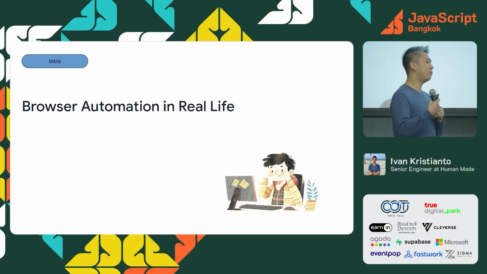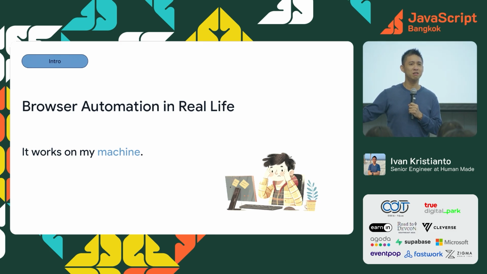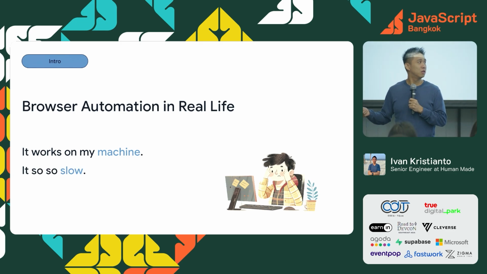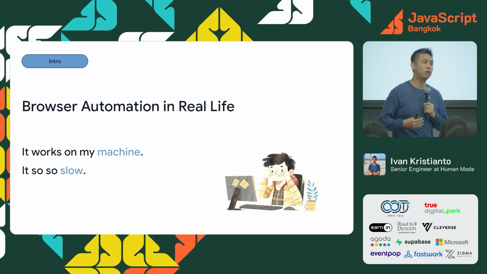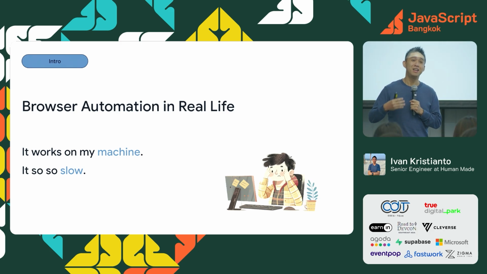Speaking about browser automation in real life, has any one of you felt like, when you code something for your application, it works on my machine, but on the client's machine, it doesn't? Also, browser automation is supposed to be fast when you test on your machine, but when you test on the cloud, or continuous integration, CI, it's so slow.